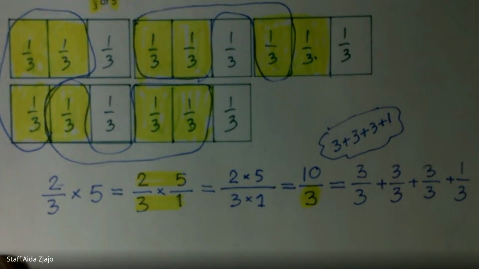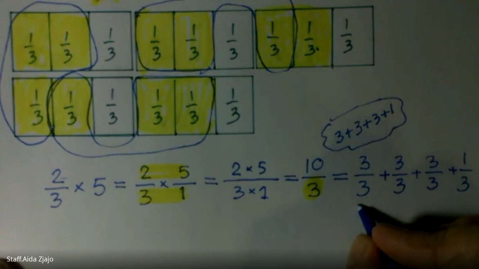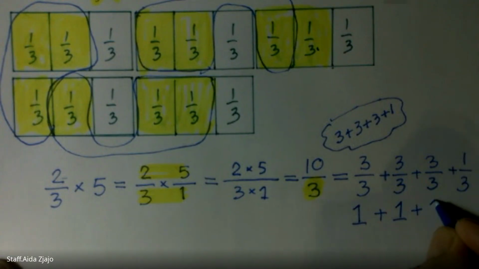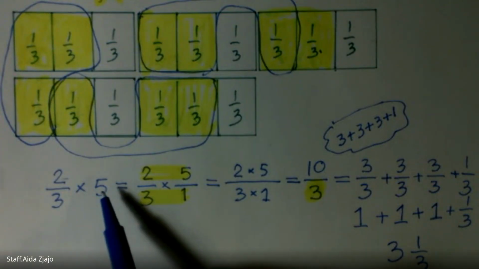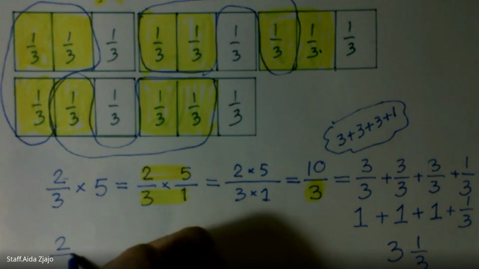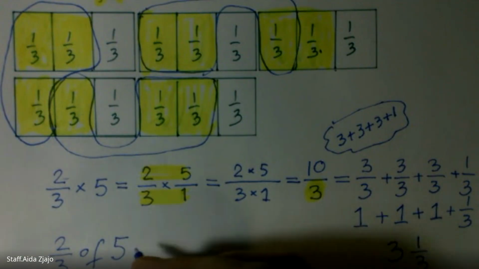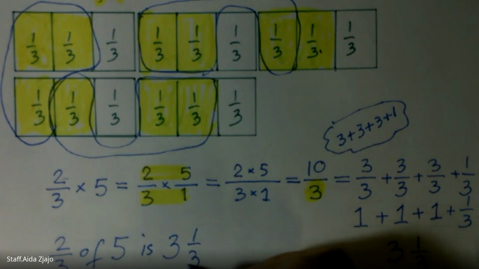So when you do that all together, you can combine 3 thirds, that makes a whole, 3 thirds a whole, 3 thirds a whole, and then 1/3 is left. All together, this is 3 wholes and 1/3. So what is 2/3 of 5? 2/3 of 5 wholes is 3 wholes and 1/3.